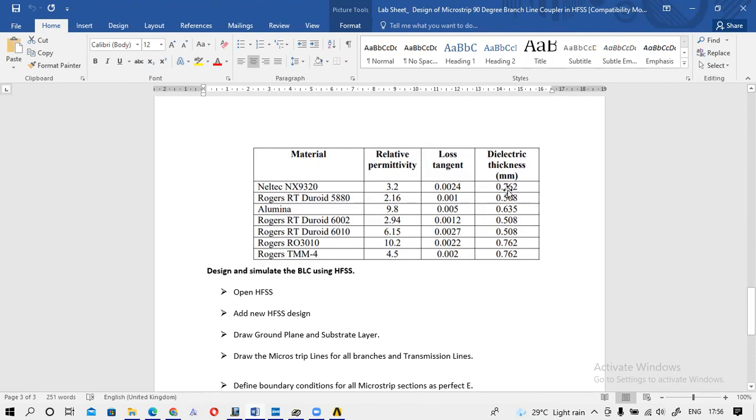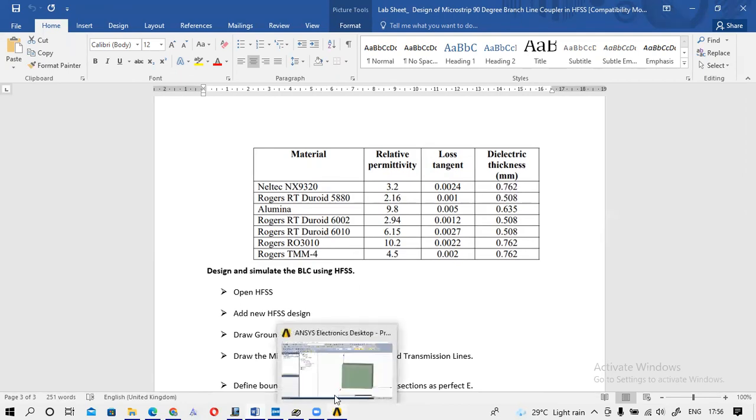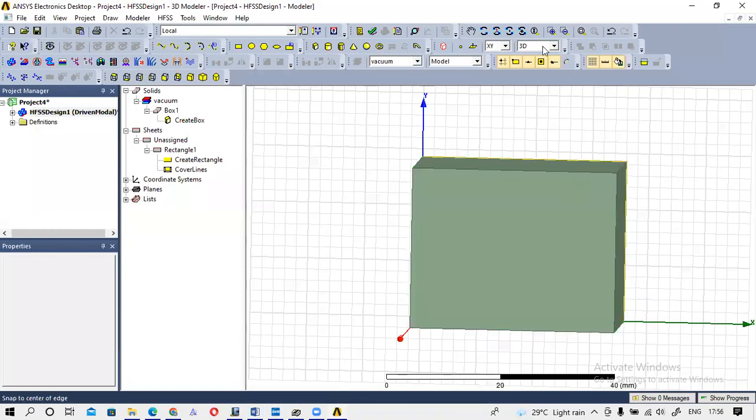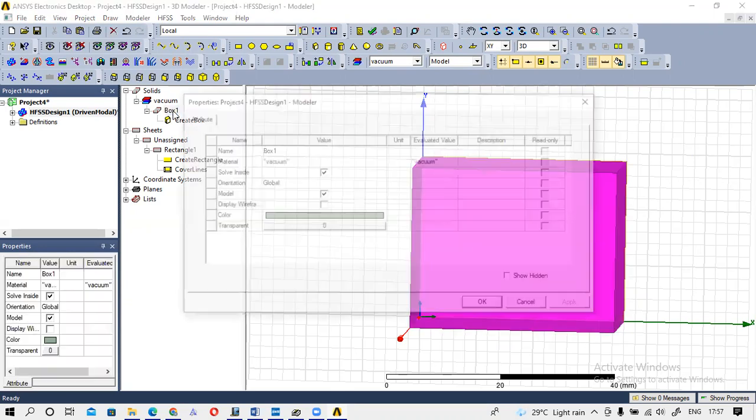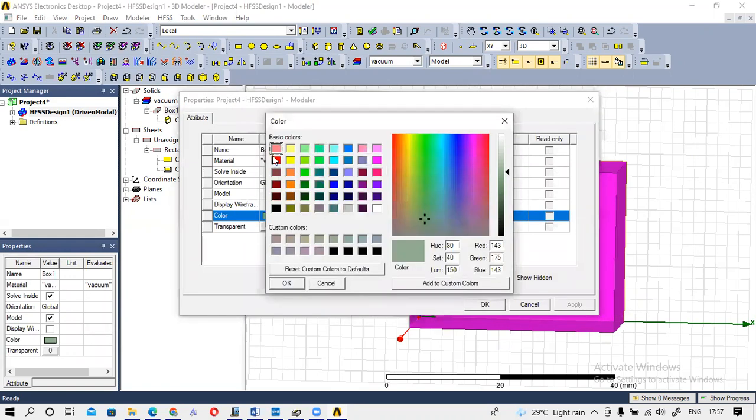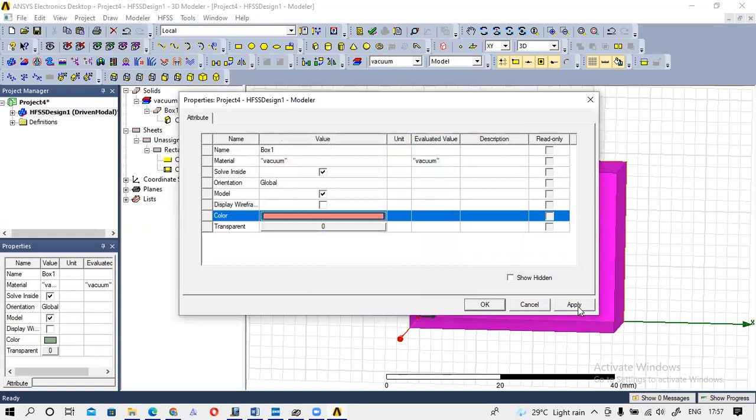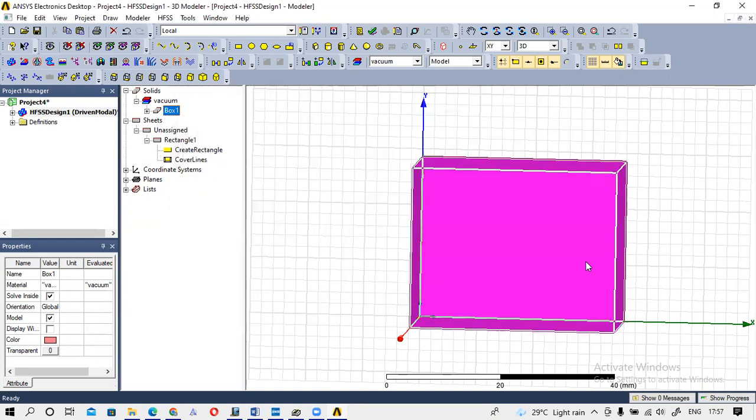So we have drawn the dielectric material. If I write here, I will change the color to red. Okay, so that is our dielectric material.